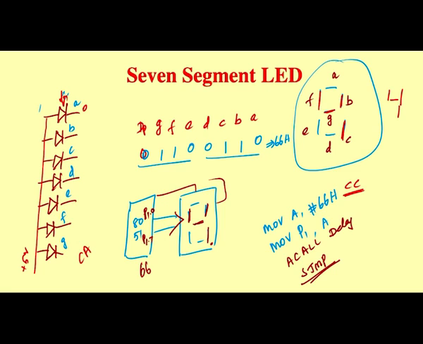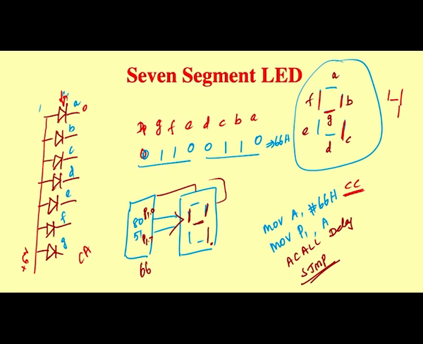The last one you can consider as the decimal point, which you always consider as 0. Now, I want to display the value 4. What are the LEDs to glow for 4? F, G, B and C. So, these 4 LEDs glow to give the digit 4. Suppose I am connected with the common cathode configuration.